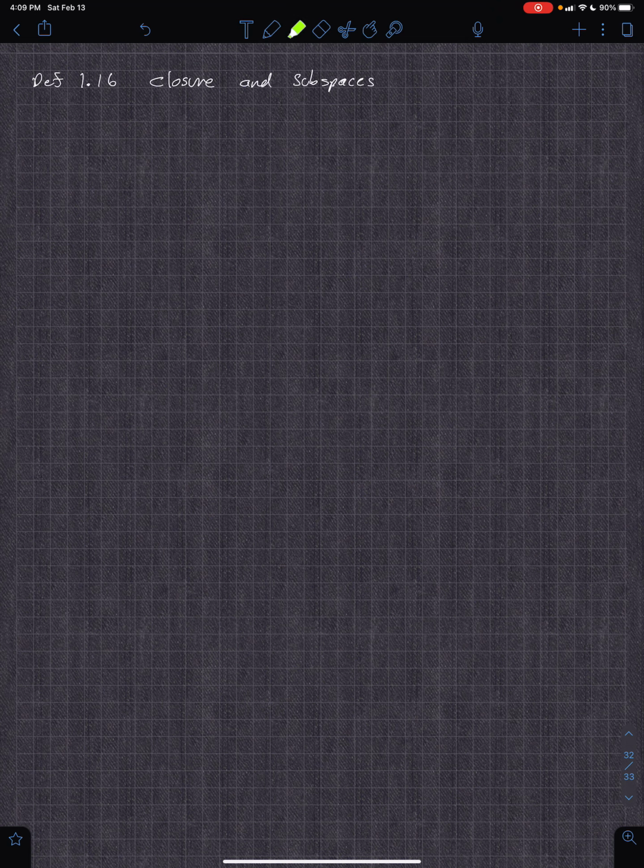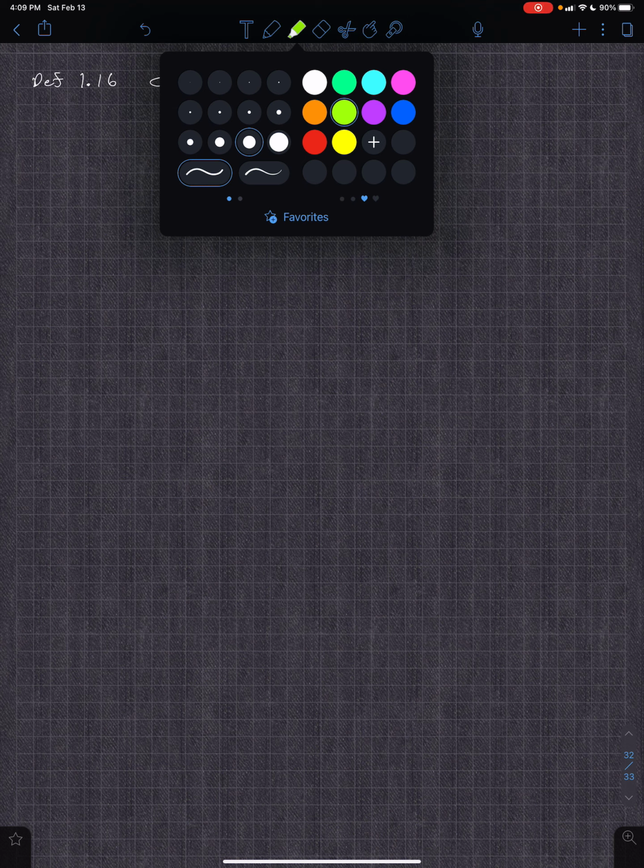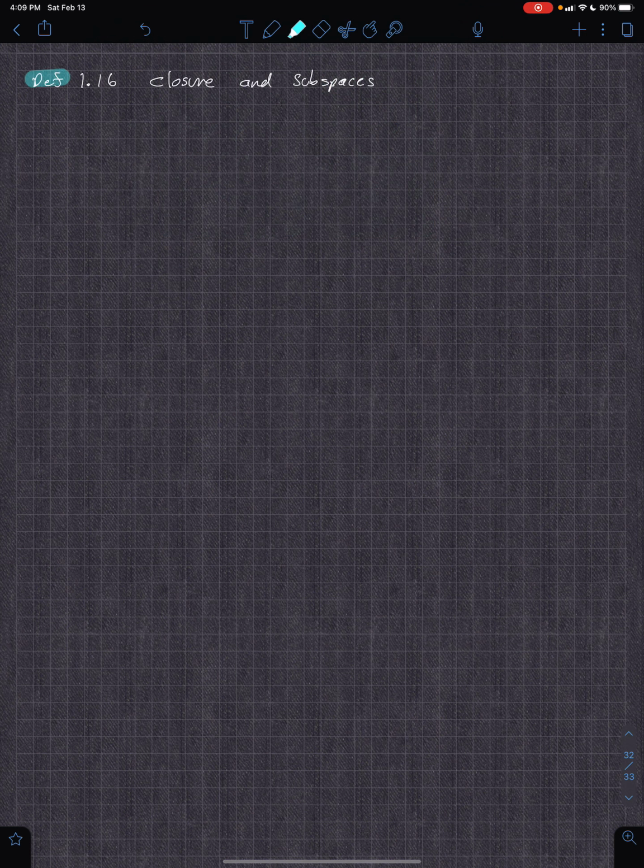So, for subspaces, this is what we have. It has to do with essentially what we just talked about, but it has to do with vectors in general.